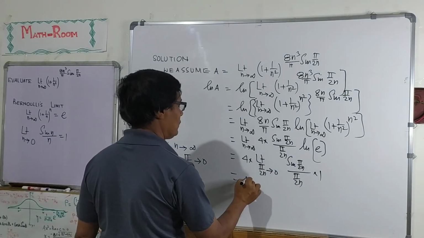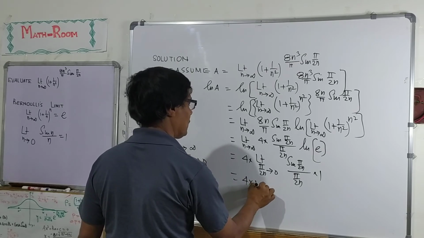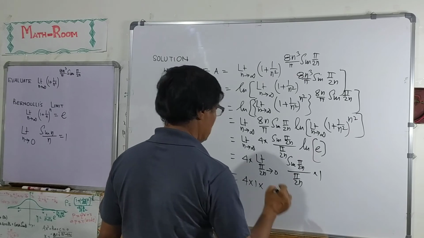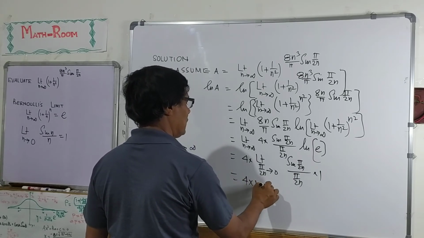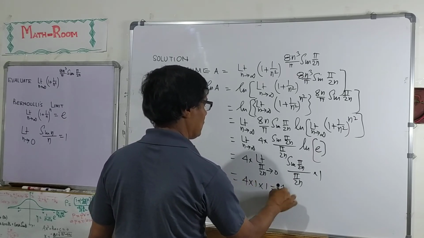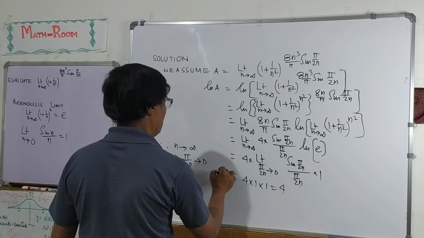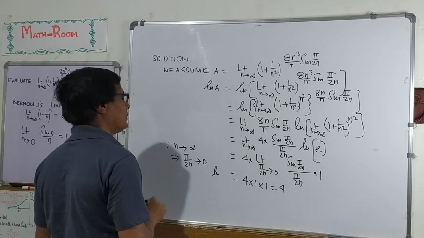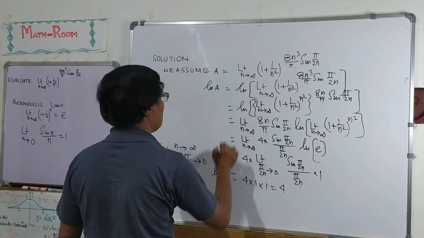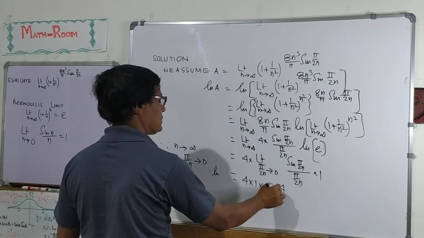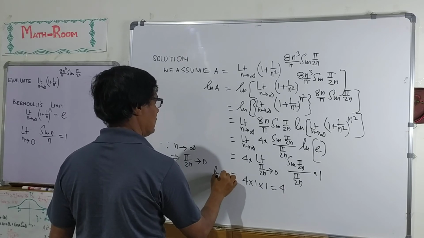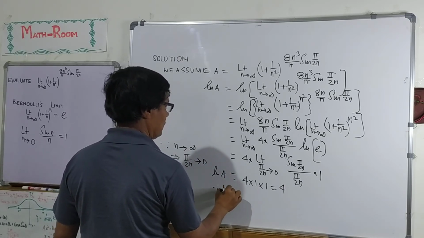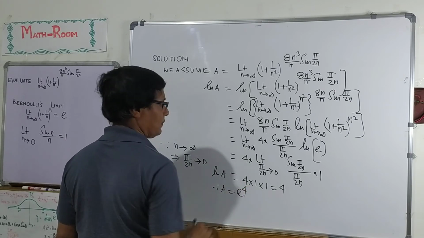So 4 into 1, that is 4. So we have assumed the value of this limit as a, so ln a is equal to 4. So a equal to e to the power 4.